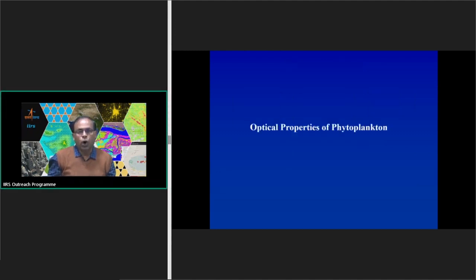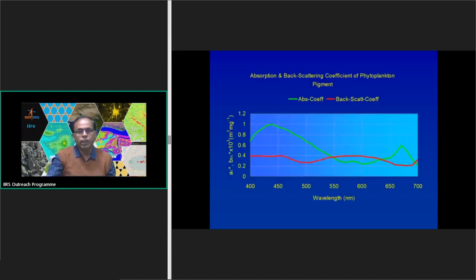So coming to study the optical properties of phytoplankton, we can see the absorption coefficient, which is depicted in the green line. Absorption is maximum at 440 nanometer in the blue end of the spectrum, and slowly it is decreasing, and there is another absorption peak around 680 nanometer.